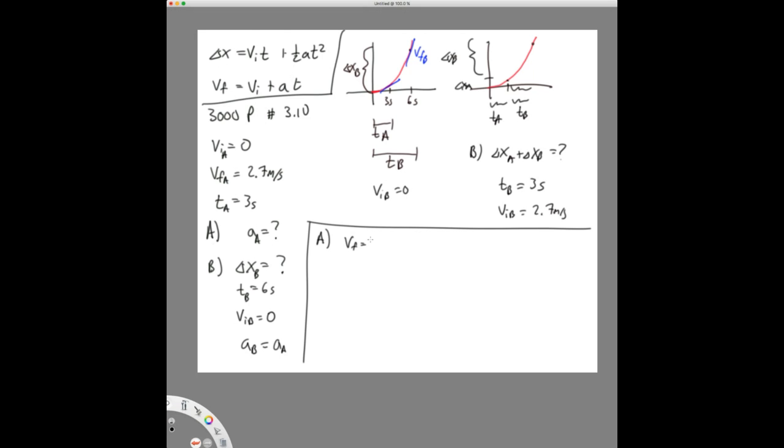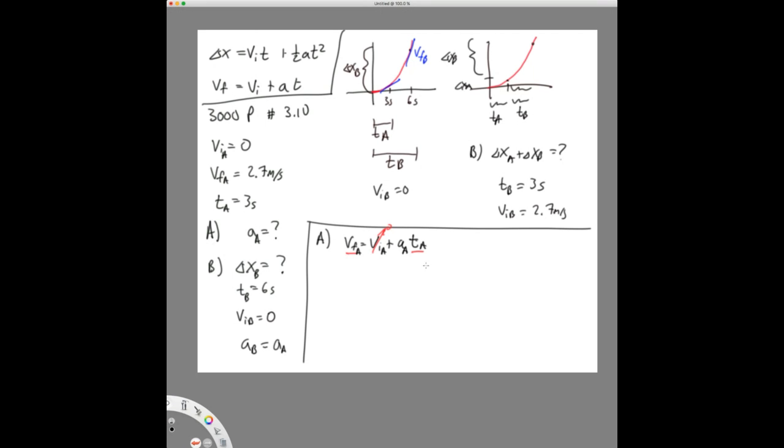V final equals V initial plus AT. And then we're going to check what we know. Do we know V final? Yes. Do we know V initial? Yes, and it's 0. A is what we're looking for, and do we know T? Yes, we do. And probably I should put A's on everything, just to remove any doubt.